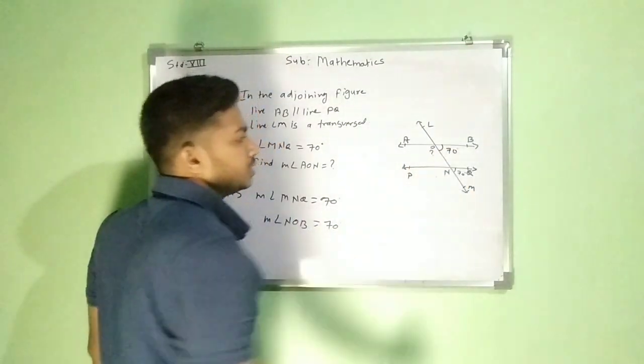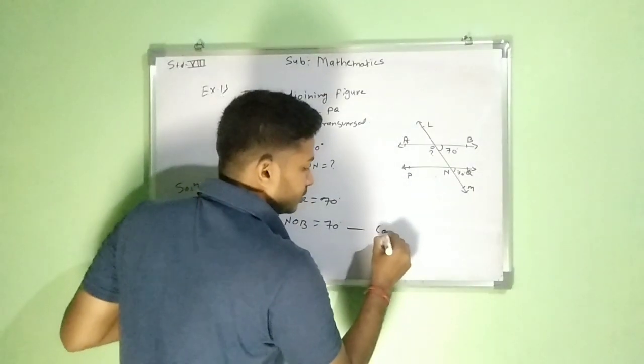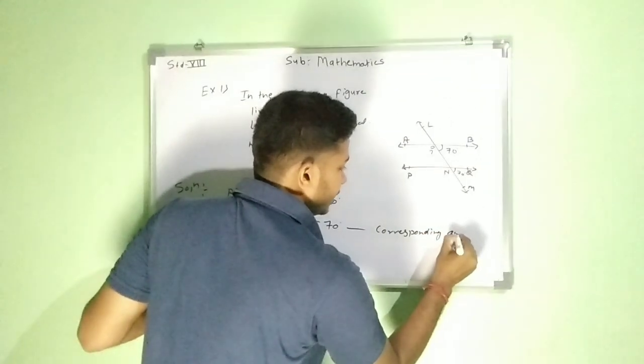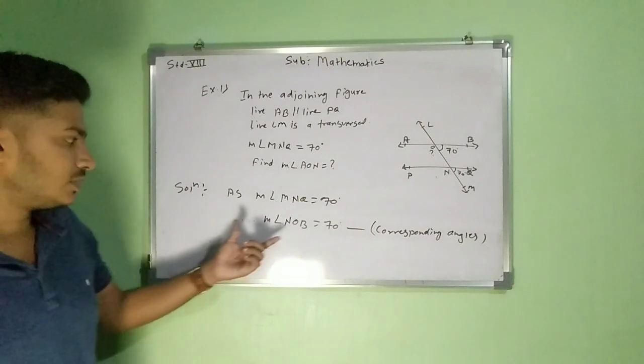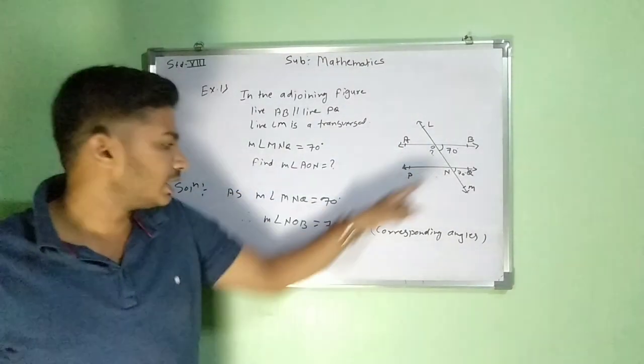Why? Because they are corresponding angles of each other. We have to write the reason as well: corresponding angles, in brackets. We always have to write the reason. So we got measurement of angle NOB as 70 degrees.